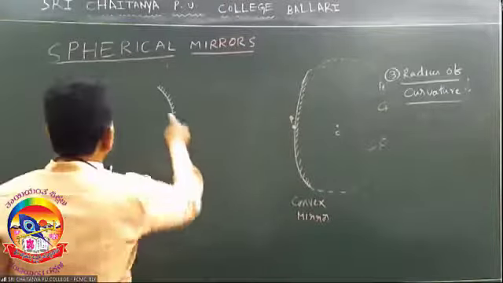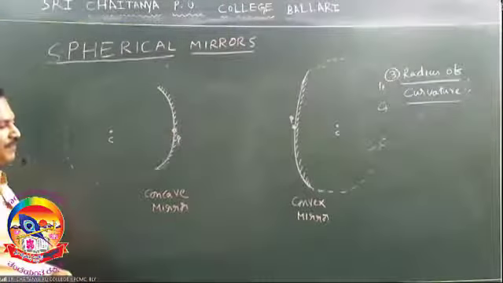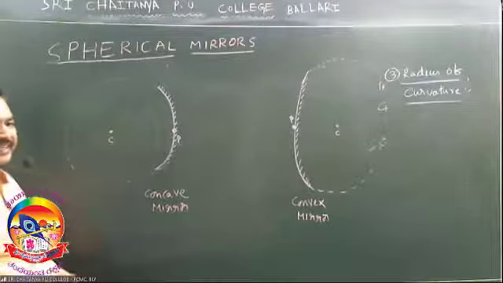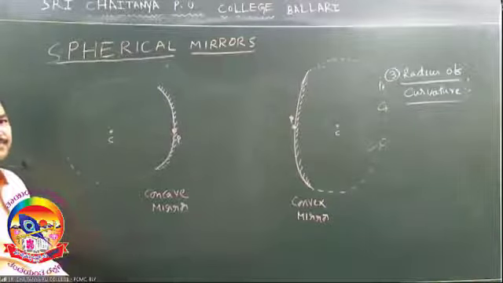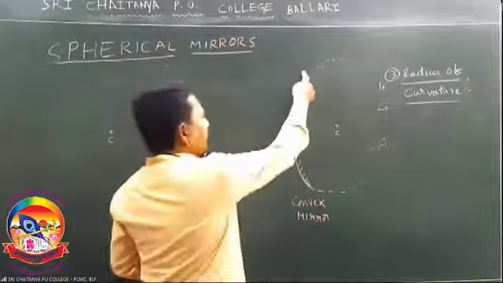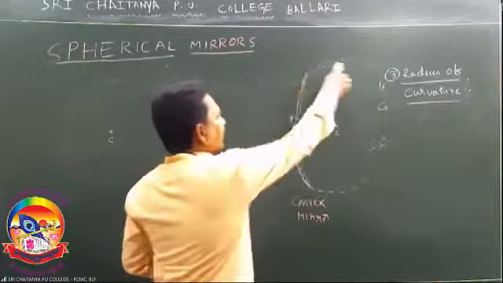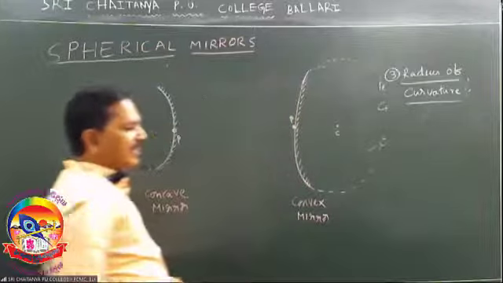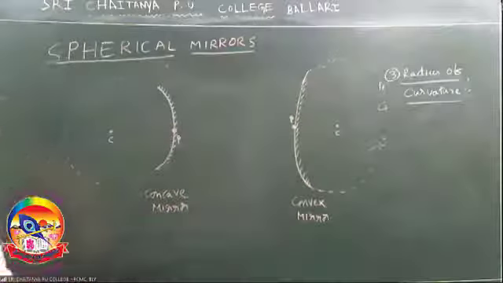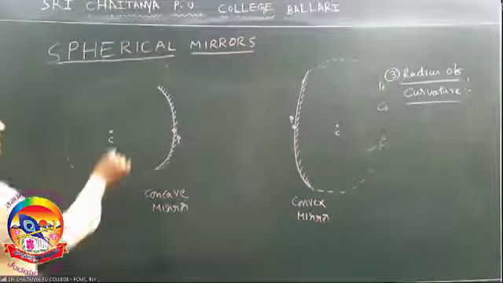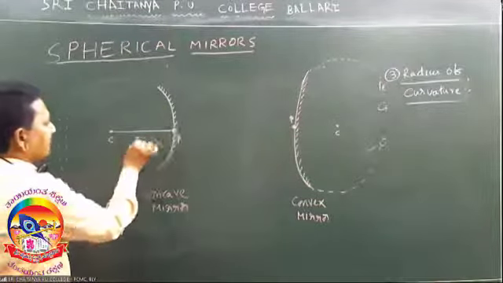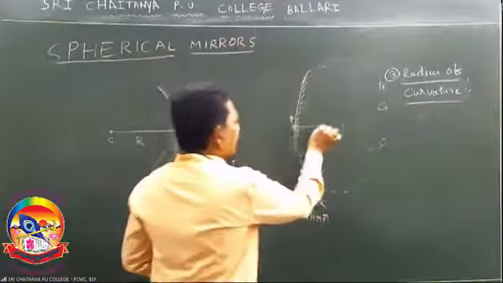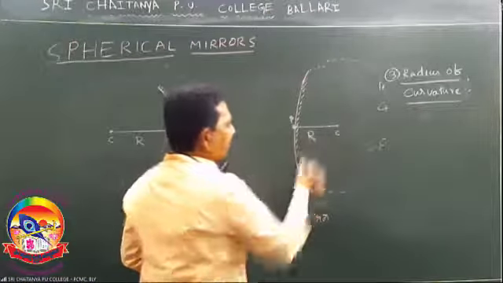If we consider this is a part of a mirror, part of a sphere, the radius of this sphere is called the radius of curvature. From here to here, radius of curvature. From here to here, radius of curvature.